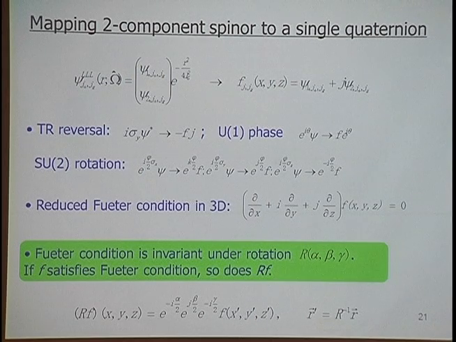We can also prove it in 4 dimensions. In that case, we need the full Fueter condition, but now it's simplified. Our interesting observation is that the Fueter condition is rotationally invariant. In other words, if f is quaternion analytic and you perform an SU2 rotation, the new wave function still satisfies the Fueter condition.